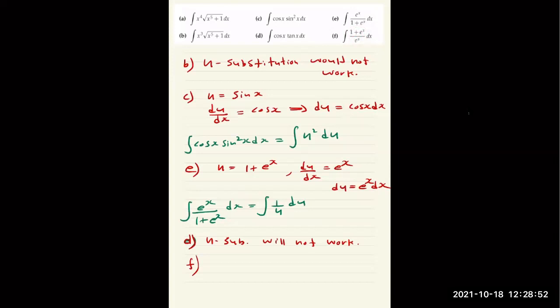So u substitution will not work here. I'm not going to give the detail for this one, because the details are similar to the previous example that we discussed. All right, let's move on.